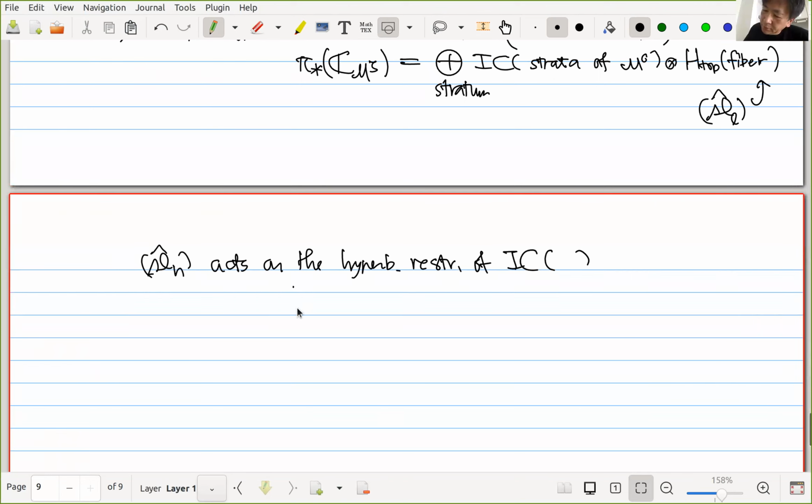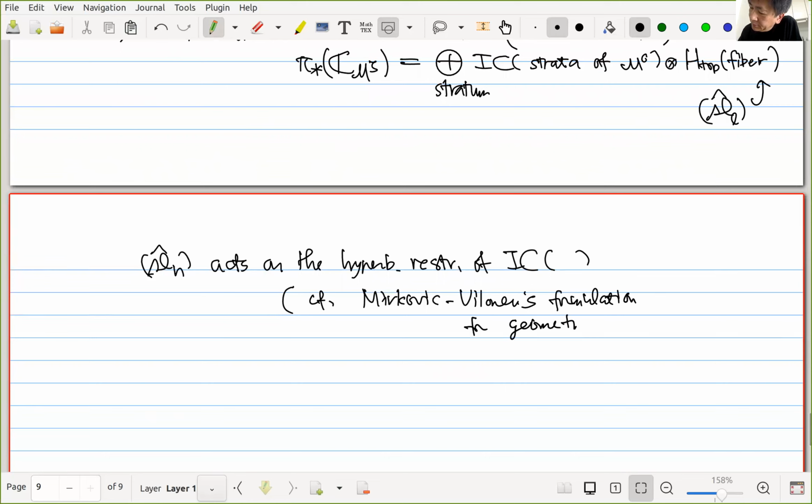This is similar to the Mirković–Vilonen formulation for geometric Satake.